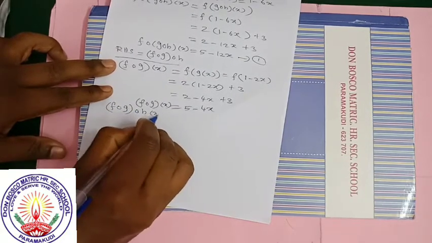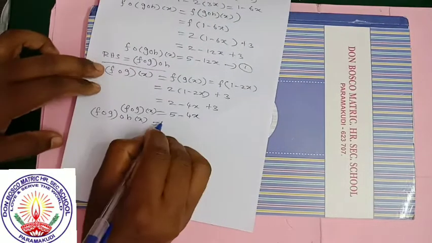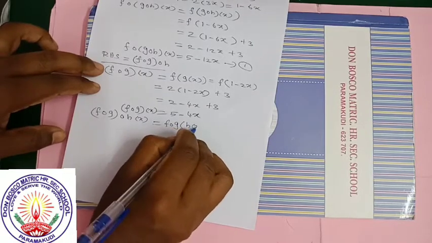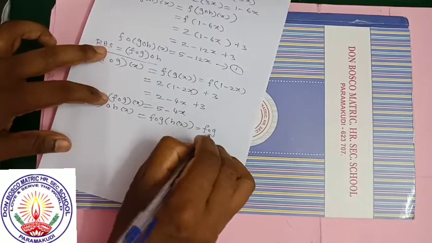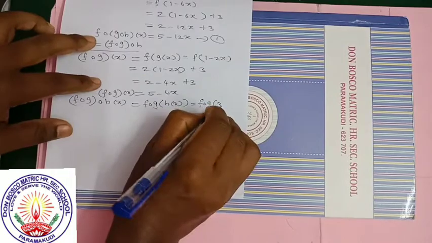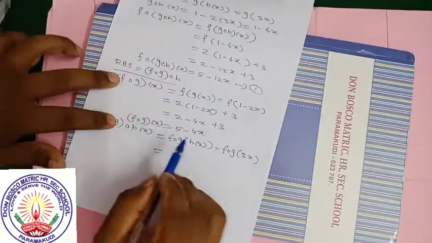Now our right side, f composition g composition h of x. Now if you look, this is one function, this is one function, and in between, what is there? Composition. So it is f composition g of h of x, which is equal to f composition g of, what is h of x? h of x equal to 3x. So f composition g of 3x. Now look at what is the work of f composition g.